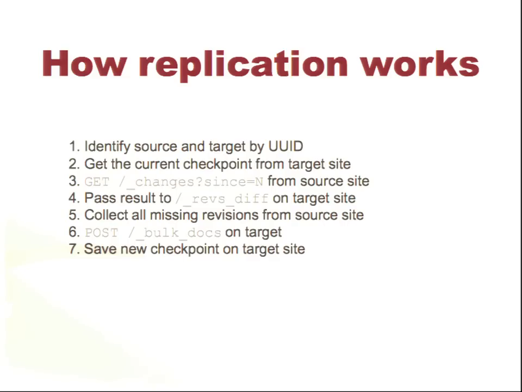We store that checkpoint on the target site, and when we have that answer, we can get the changes since that sequence from the source site. This can be all the changes, or we can apply a filter to this. So I only want the changes since this timestamp for node articles. You can apply a filter to this.